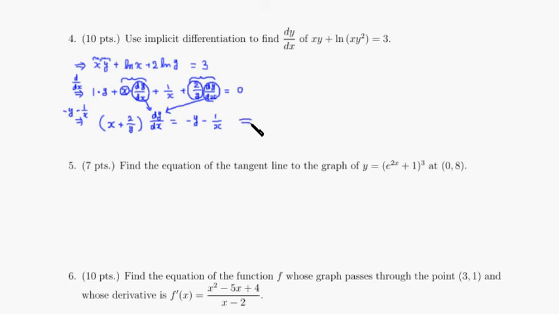So we get dy over dx by itself, equal to negative y minus 1 over x, over x plus 2 over y. So this is dy over dx. That's it. I hope that this was clear.